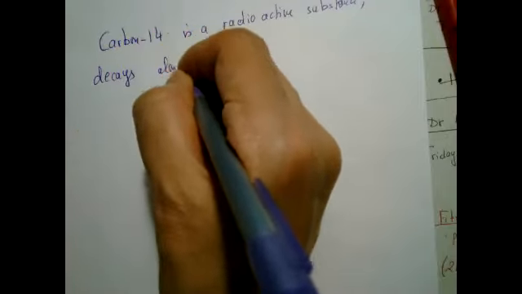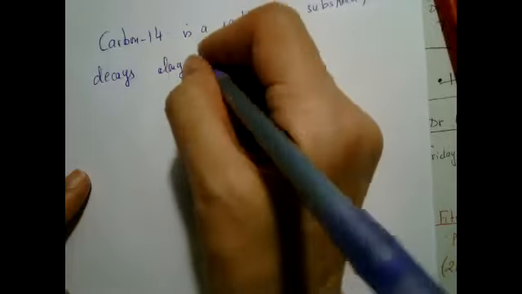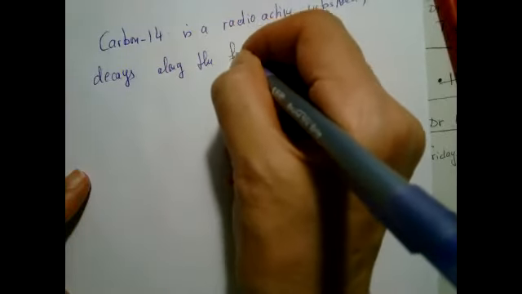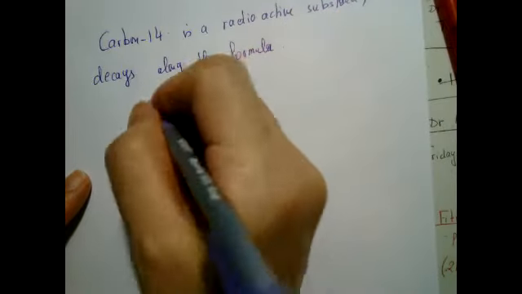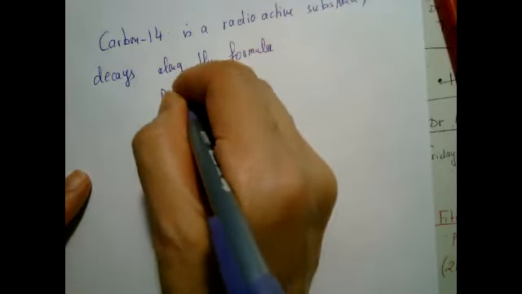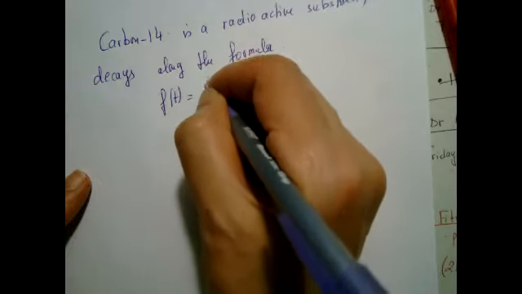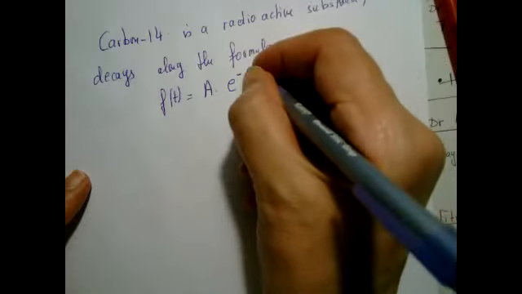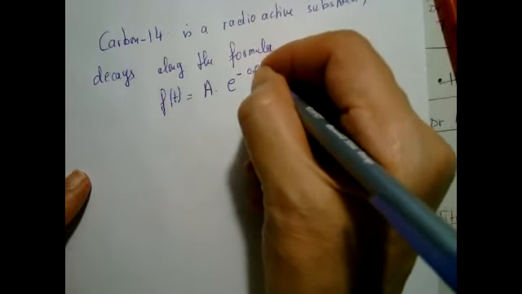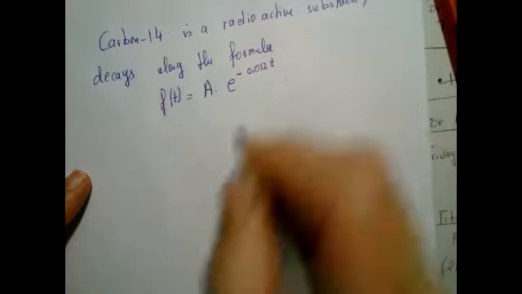along the following formula. Actually, I'm going to change the problem. Along the formula, f of t equals a, I don't care what a is, e to the power, it has to be negative, 0.0121t.